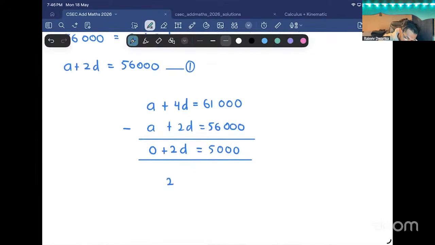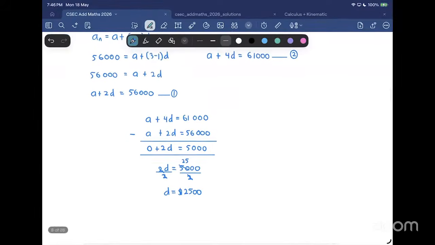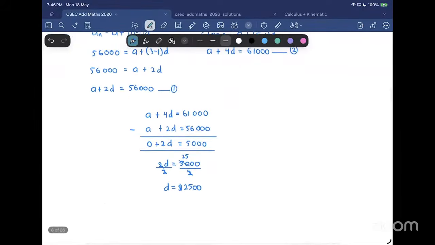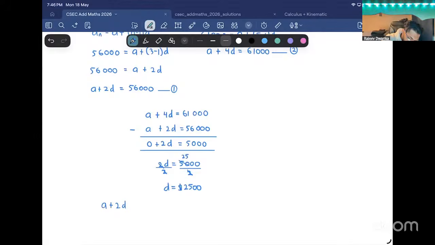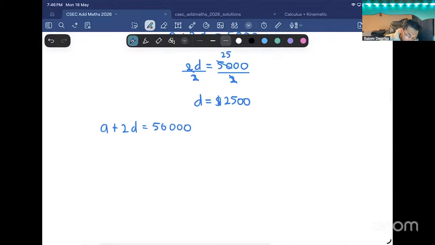Right. Cool. If D is equal to 2,500, I could find A fast by substituting into a formula, either 1 or 2. So I could say A plus 2D is equal to 56,000, and I can plug in D into that.